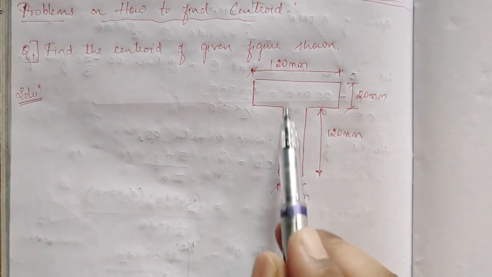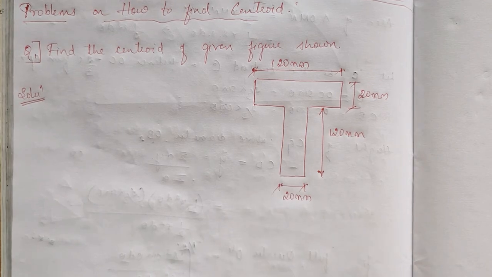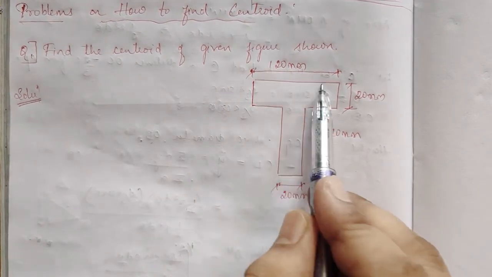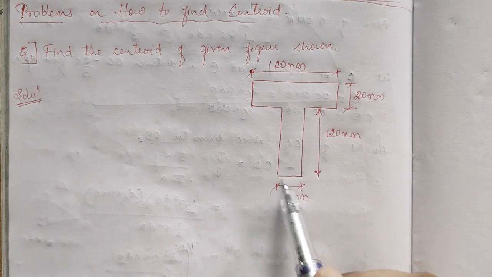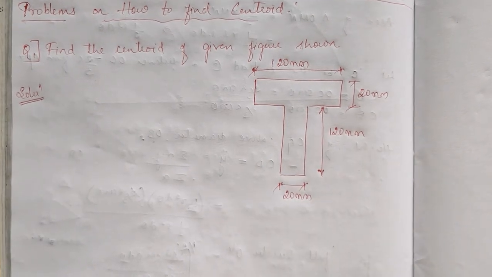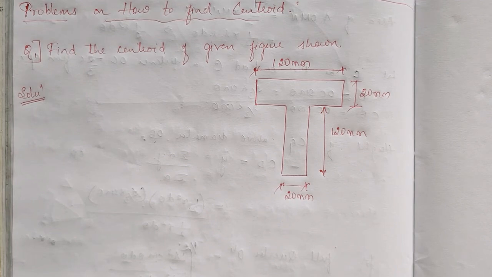See, the figure is given, it is like a T section. The flange is 120 mm wide and 20 mm deep, and the downward part is 20 mm by 120 mm. As this is the first problem, see carefully.